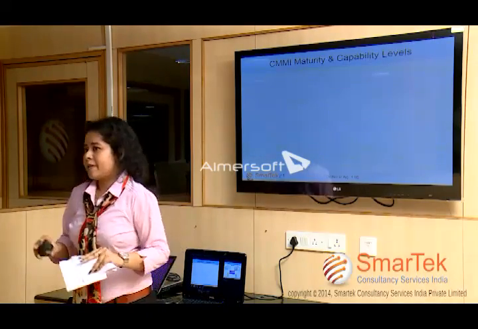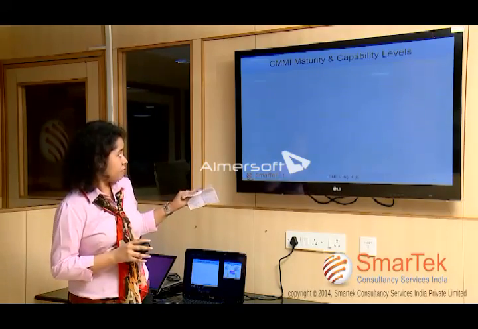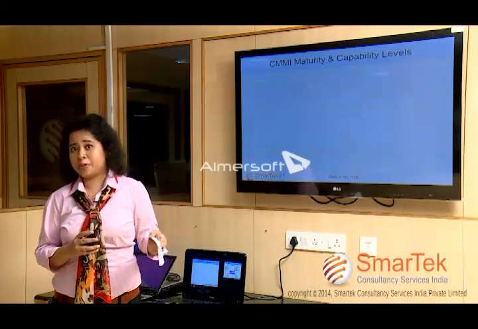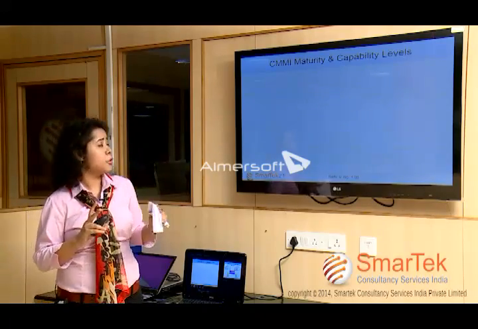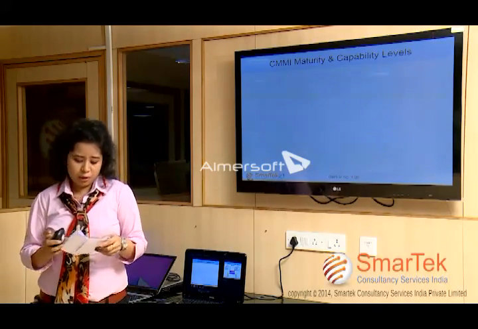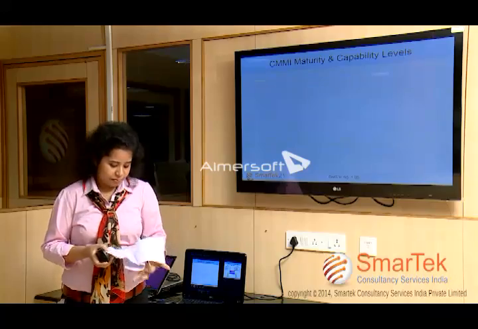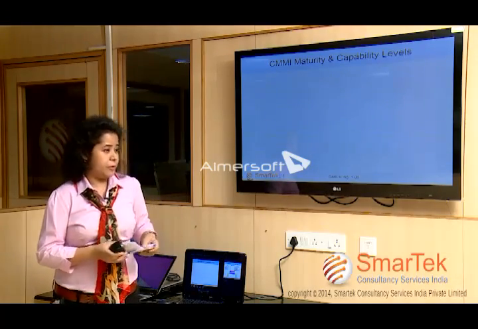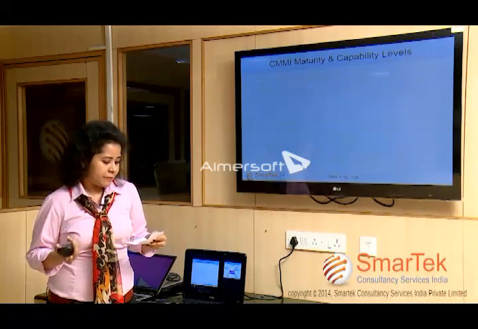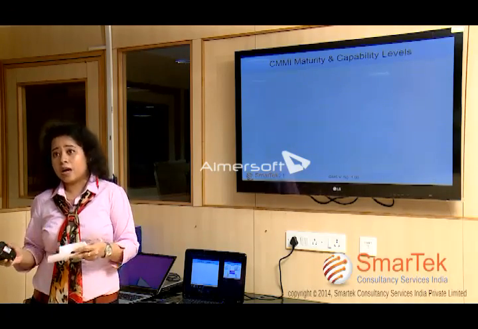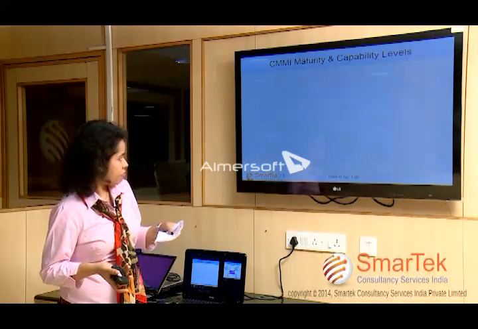This is the most important part of our CMMI overview that I'm going to talk about. CMMI models have two levels: either the maturity level or the capability level. So how do the maturity level and the capability level differ? They mainly differ in their representation and how they're applied.